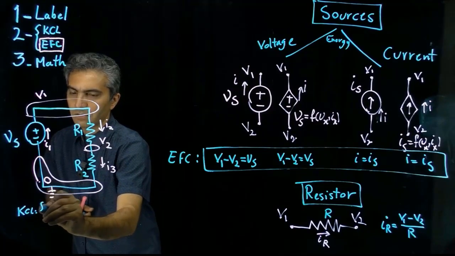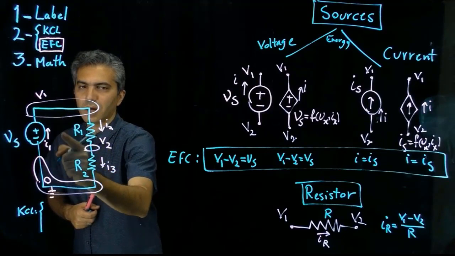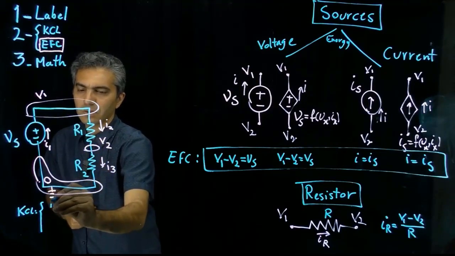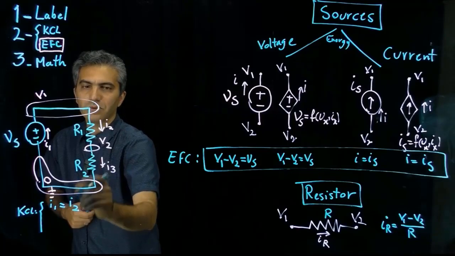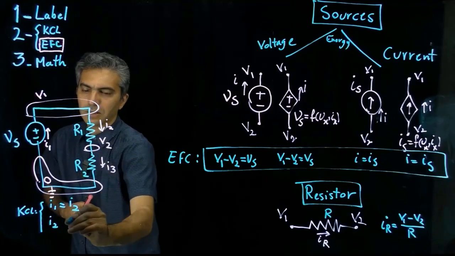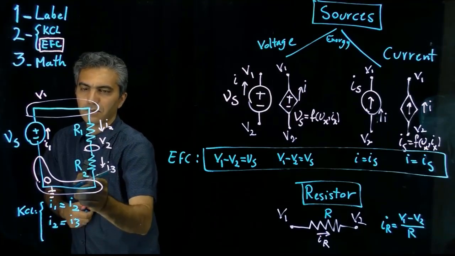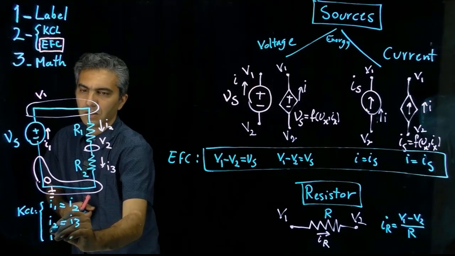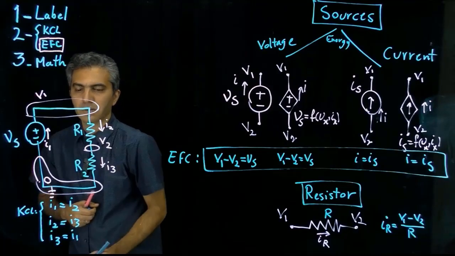So KCL. For that node, there's current I1 going into that node, so I1 is equal to the current going out of that, I2. For this node, I2 is going into that node, and then I3 is coming out. And last, for this one, I3 is going in and I1 is going out.